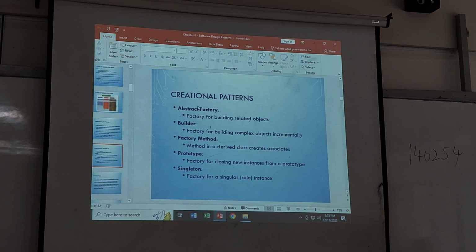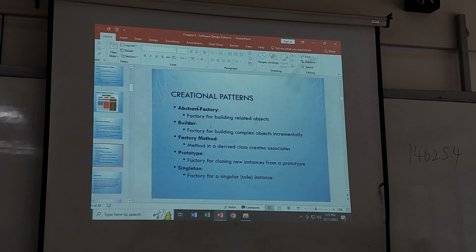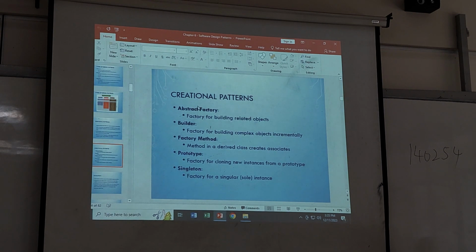Okay? Can anyone give an example of a situation where this object is the only instance in the system? You cannot have two instances of this type of object.